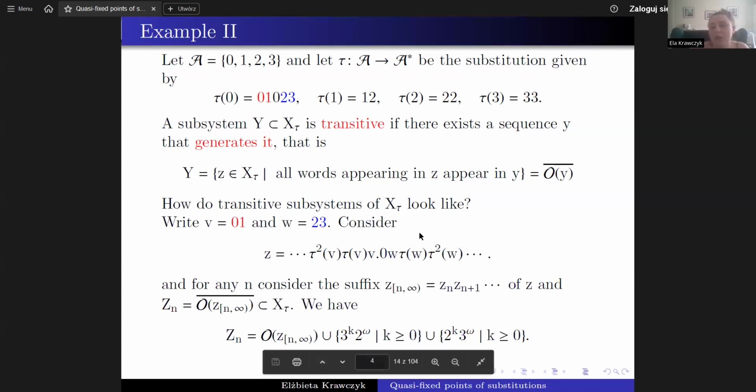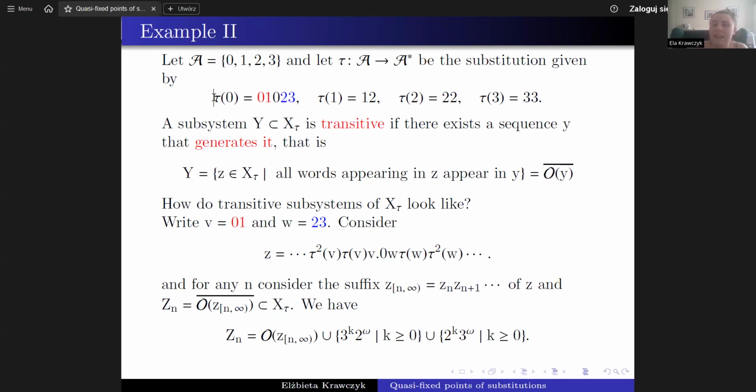And what we can do is the following. I look at an image of 0 under my substitution, and I write it as V0W, where V is 0, 1, this red thing here. In between I have 0, and then I have a blue thing, 2, 3.